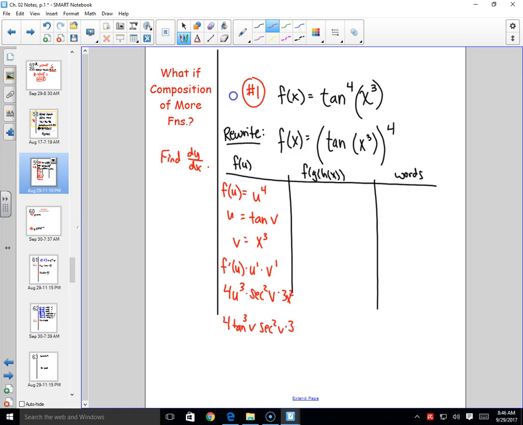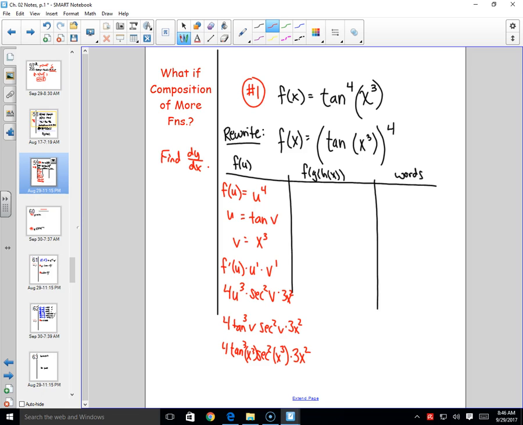We can't have u's and v's, so we're changing everything. First I got rid of my u by plugging in tangent v, and now what am I going to get rid of? My v's. So I'm going to have 4 tangent cubed of x cubed, secant squared of x cubed, times 3x squared.